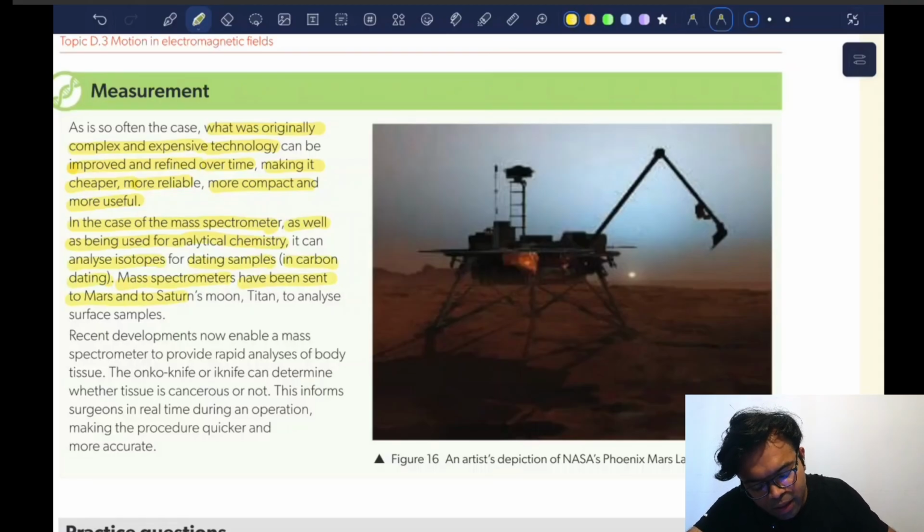It is equal to charge multiplied by potential difference. The charge is +e, which is 1.6 × 10^-19, multiplied by 600. So basically 9.6 × 10^-17. This is the electric field.